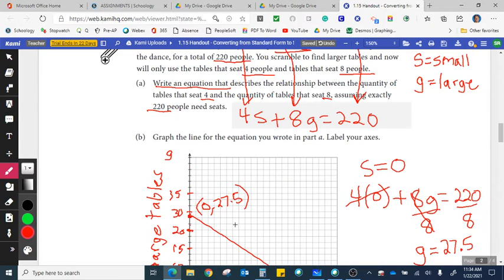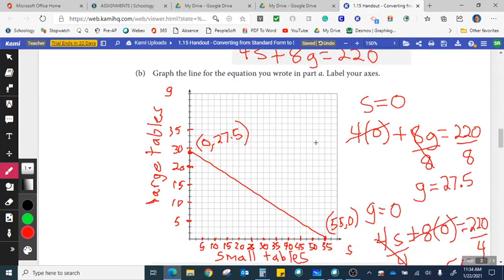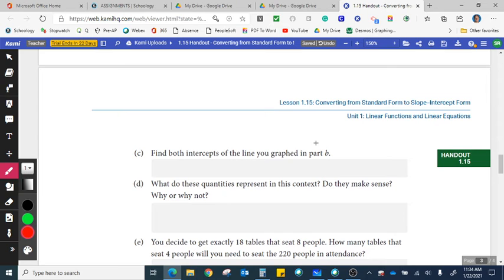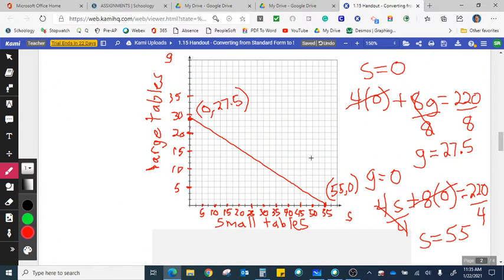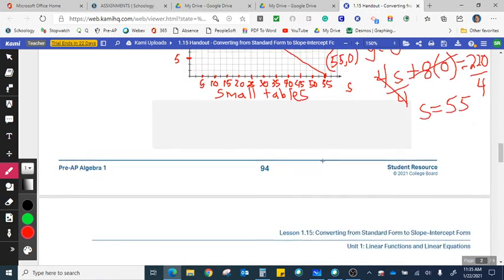All right. So let's make sure that I answer the question. It says graph the line for the equation you wrote in part A. Label your axes. It says find both intercepts of the line you graphed in part B. Well, what are the intercepts? The intercepts are these two things right here. So my G-intercept is 27.5.